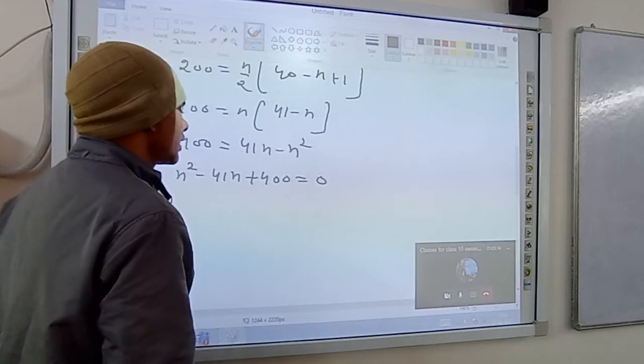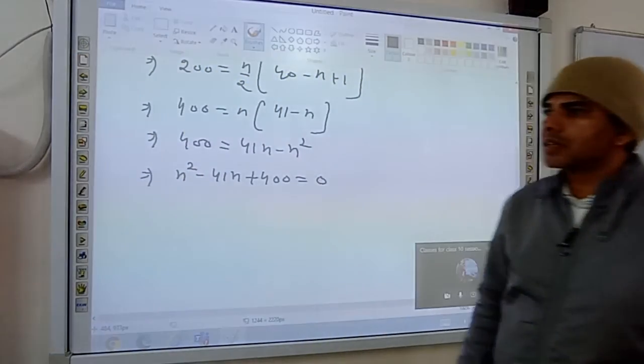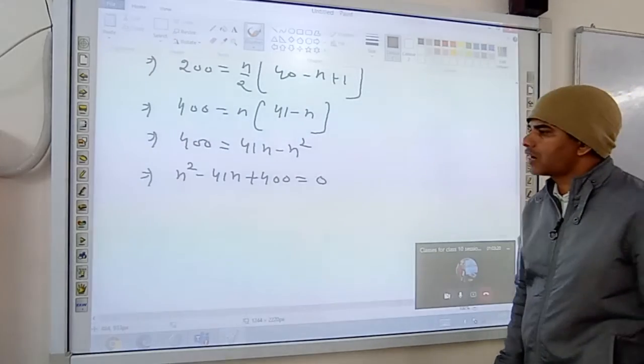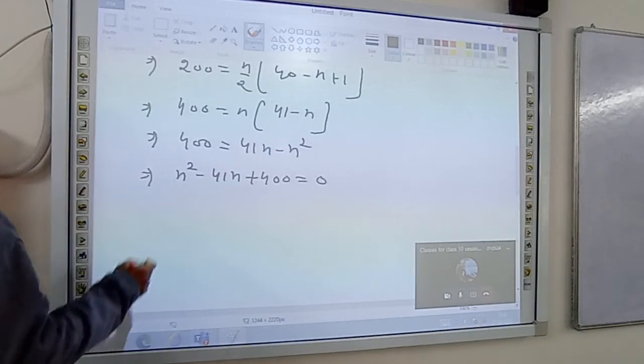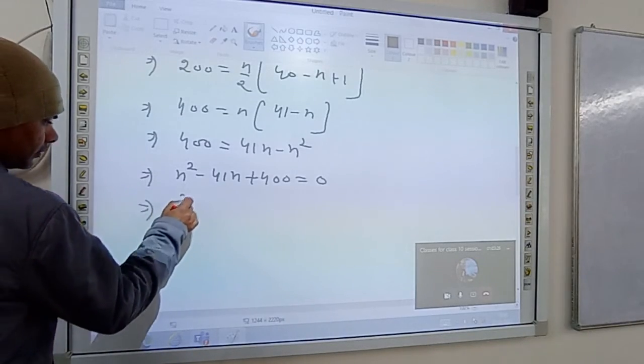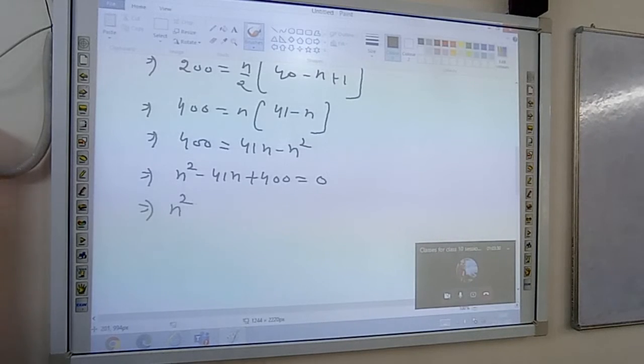Now make two factors such that the multiplication of the two factors will be plus 400 and the addition will be minus 41. Any idea? Yes, sir.